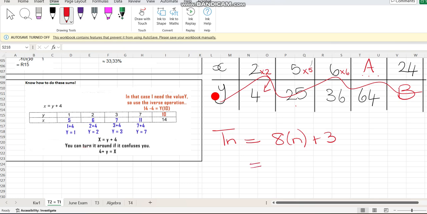And the question was, give me the ninth term number's value. Then you'll just go and replace the n in 8n with the term number they want, plus 3.